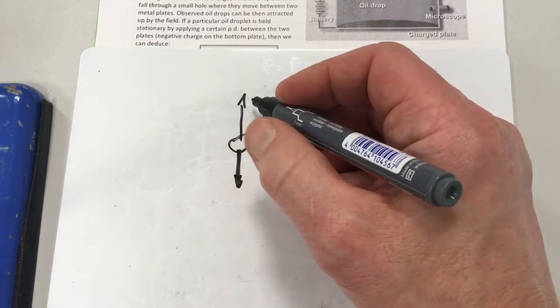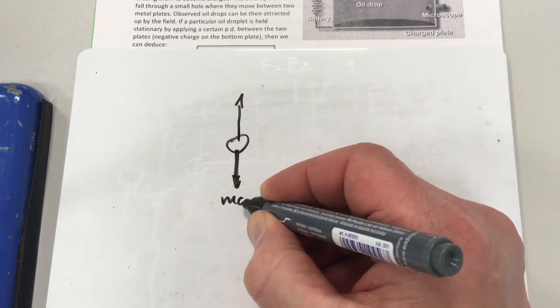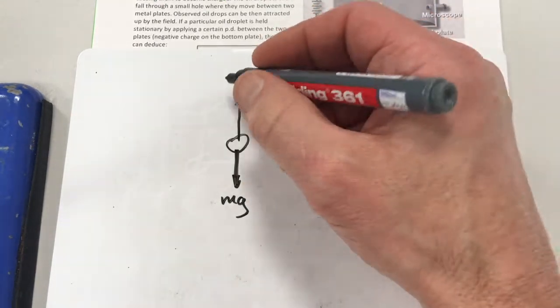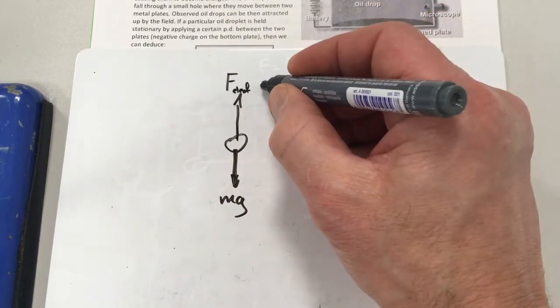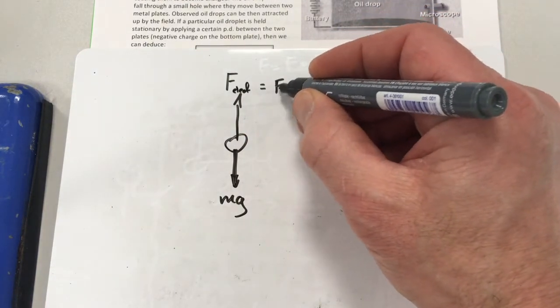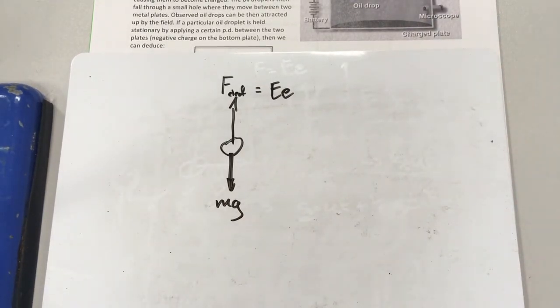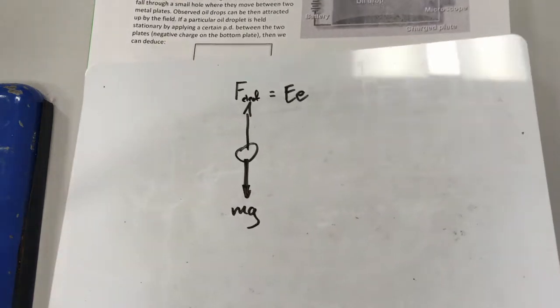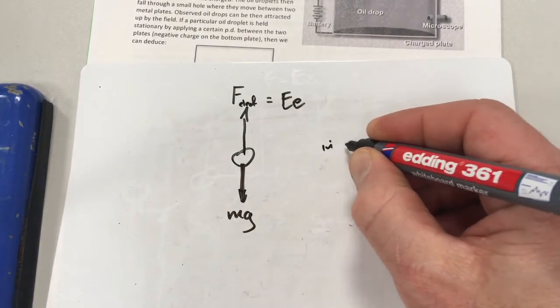Okay, and what he had was the force of gravity, mg, is going to equal the force of the electric field upwards, which is of course equal to E times E again. Now he actually went into slightly more depth, so we'll add a bit more depth in our fuller version in a second, but the basic idea was he made these stationary, in equilibrium.